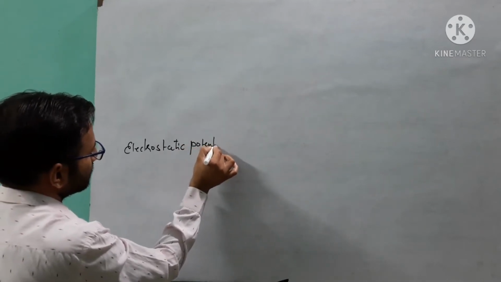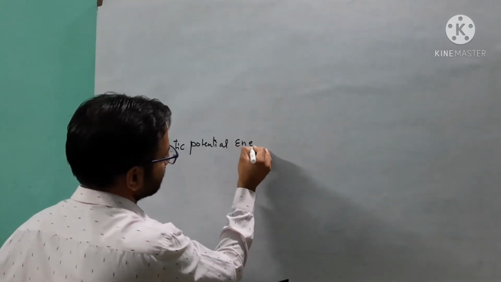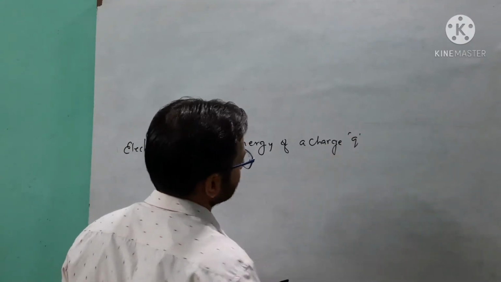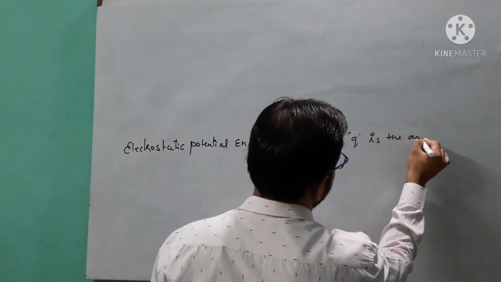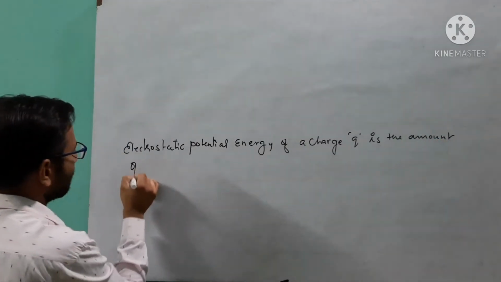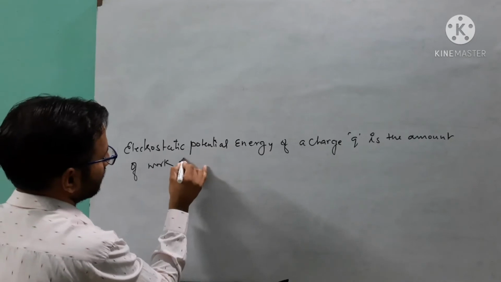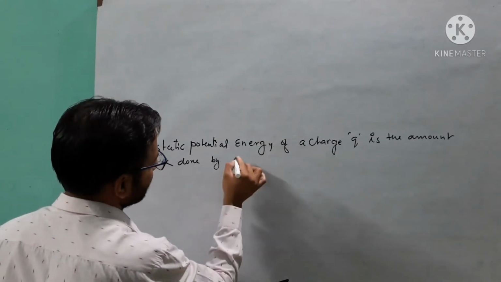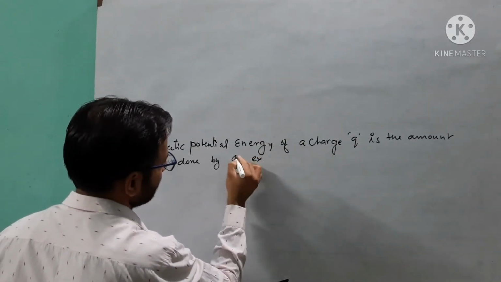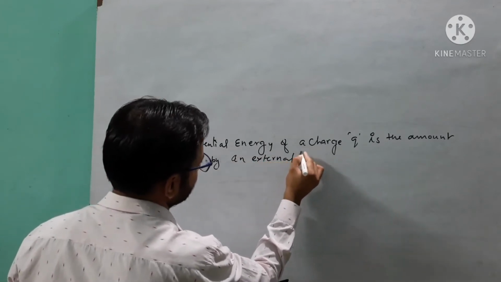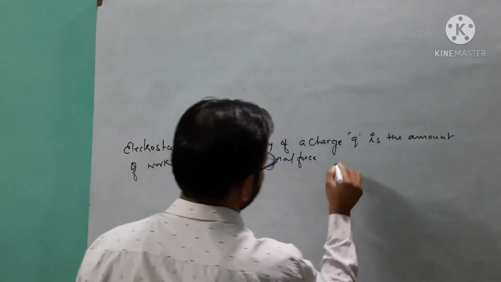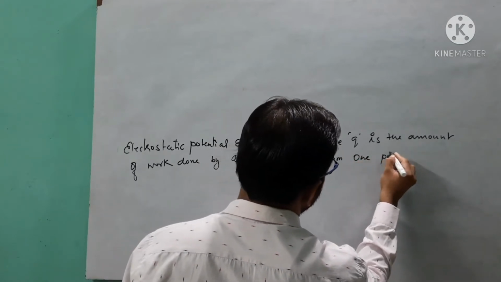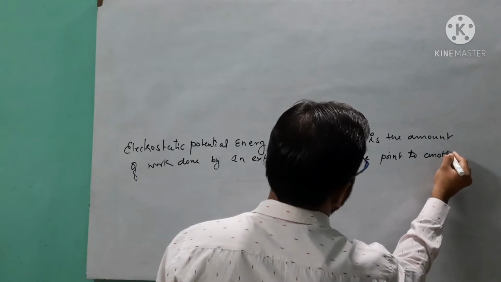Electrostatic potential energy of a charge which we are carrying, Q, is the amount of work done by an external force from one point to another point.